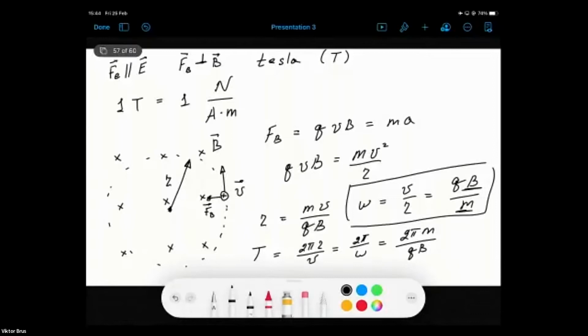So we know the charge of electrons, and we know the magnetic field because we can measure it. So if we measure this cyclotron frequency, then we can easily determine the effective mass.